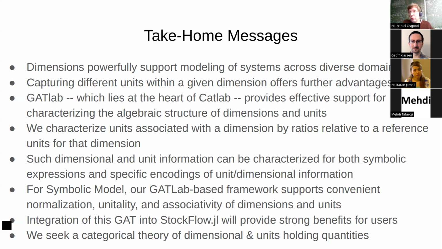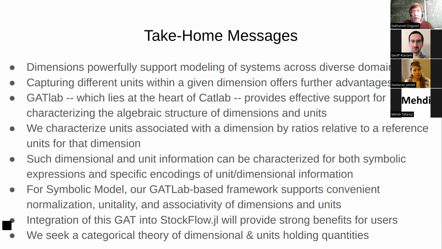GATlab provides this amazing support for building up these little domain-specific languages with their own dependent type system, such as Uche has in a tour de force built. And the sort of dimensional and unit information we've seen can be characterized for symbolic expressions, which I think is of great relevance for describing stock and flow models and checking dimensional consistency.